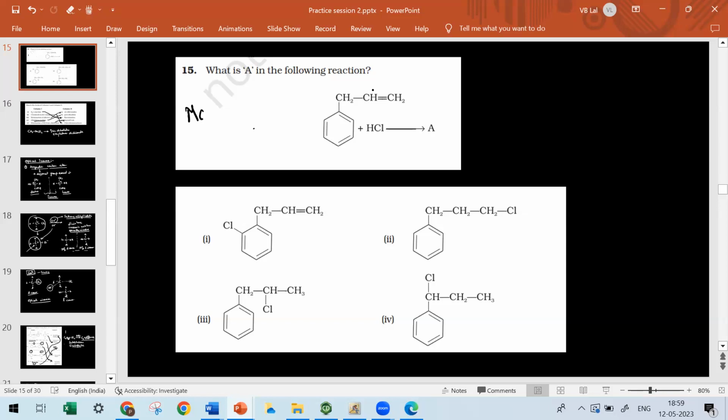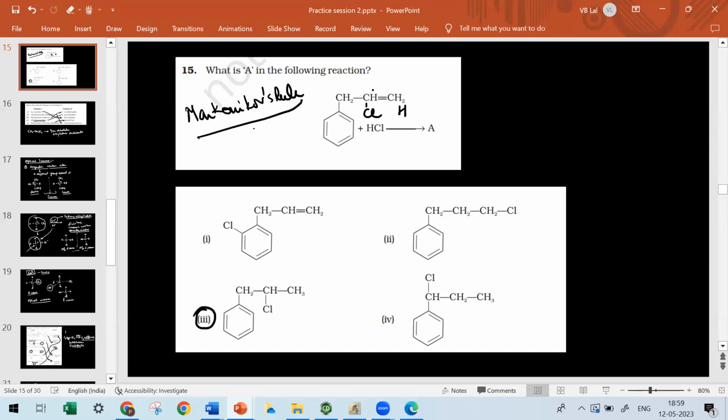You have to remember the Markovnikov's rule. Where will the Cl come? Ma'am, C addition, CH bond. Yes, so it will come here and hydrogen will come here. So which is the correct answer? Option C, ma'am. Yes, very good.